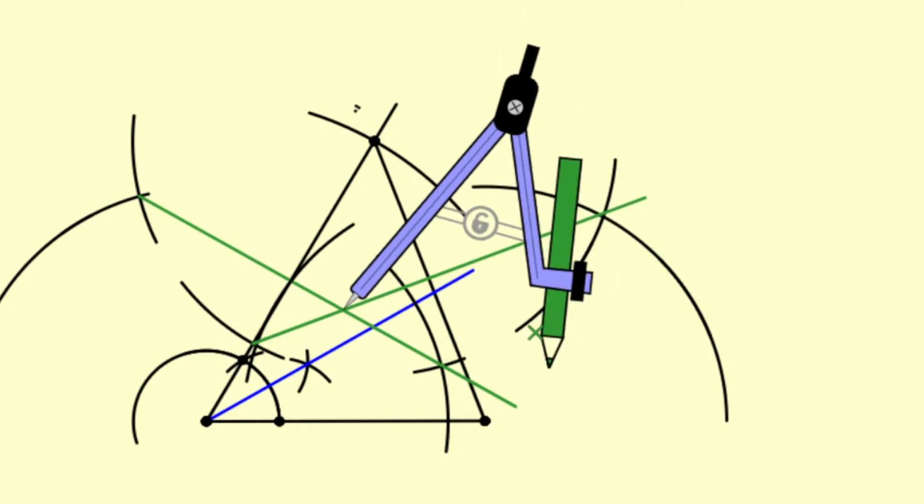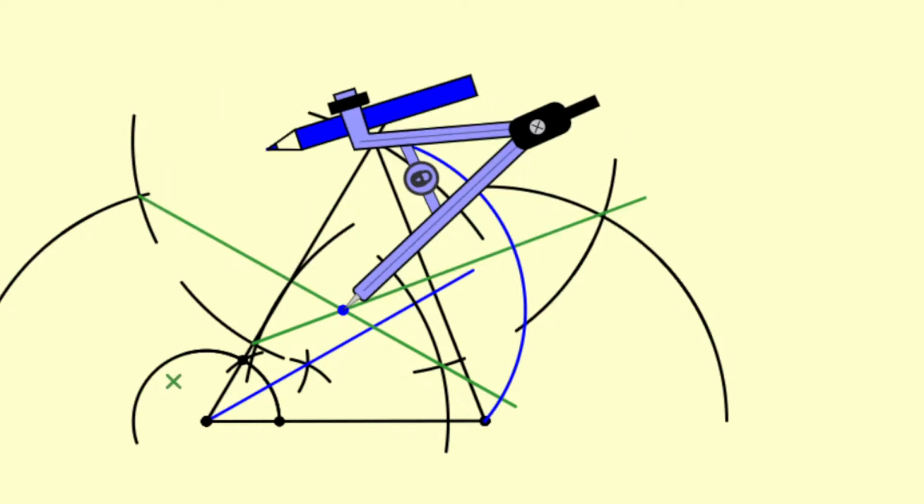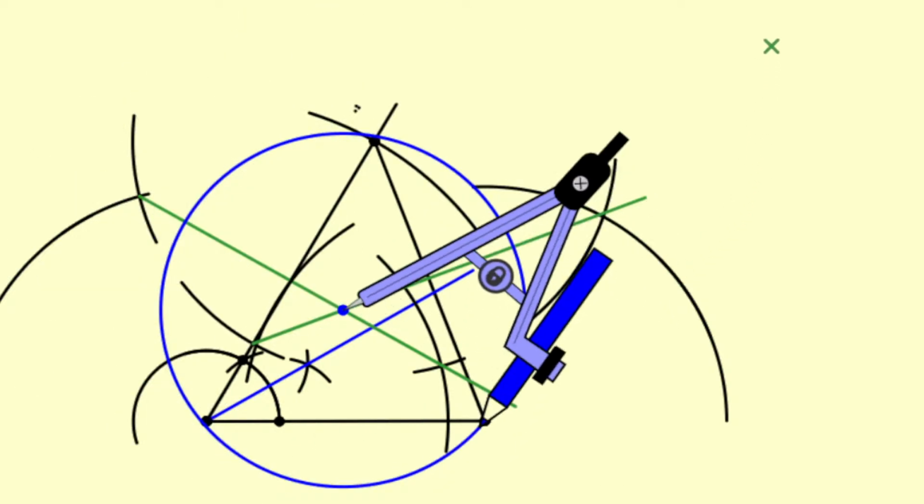I'll keep one point of the compass at the point of intersection of the perpendicular bisectors, and the pencil I'll keep at one of the vertices. You can keep it at A, B or C. From here you can draw the circle now. So I'm going to draw the circle. You can see the circle is done.